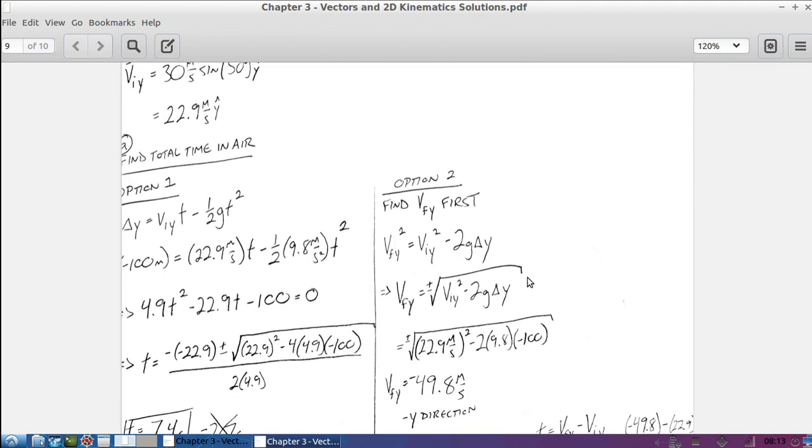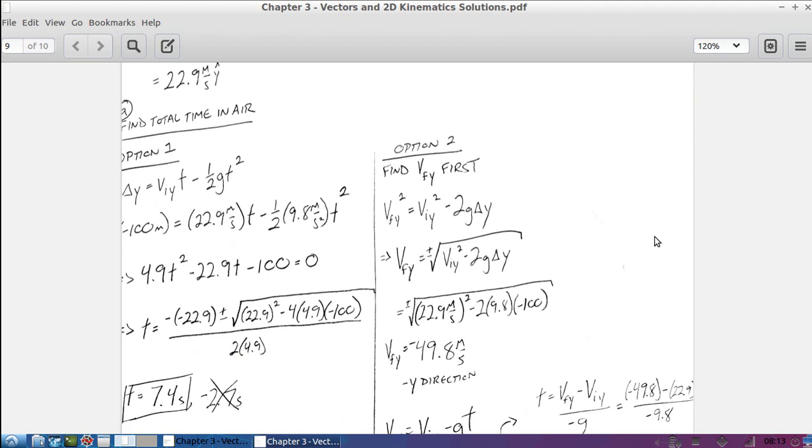All right, so it says find the total time in the air. This isn't a symmetric free fall problem, so I can't say delta y is 0. However, like I did with a previous free fall problem, I can use this equation. I know the vertical displacement, I know the initial velocity in the y direction.